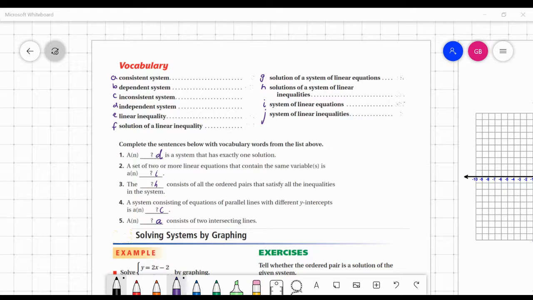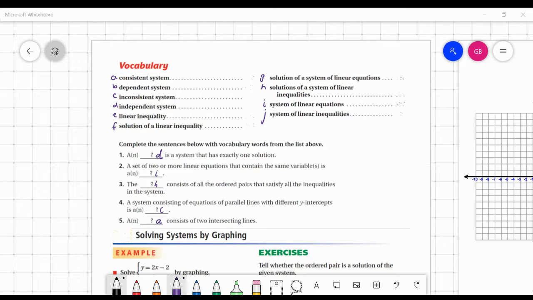For number two, a set of two or more linear equations that contain that same variable is a system of linear equations. For number three, the solutions of a system of linear inequalities consist of all the ordered pairs that satisfy all the inequalities in the system.